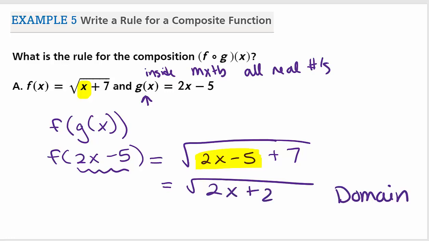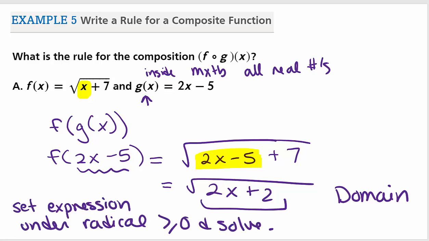To find the domain, there are a number of different ways you can actually identify the domain. One is by taking the expression underneath the radical and setting it greater than or equal to 0. So we're going to take 2x plus 2 and set it greater than or equal to 0.